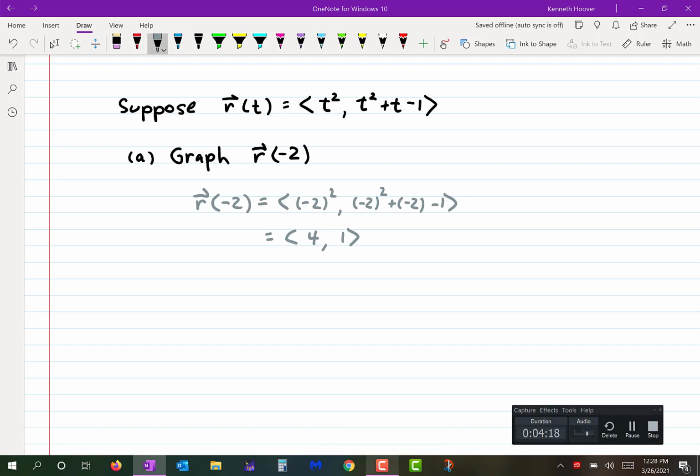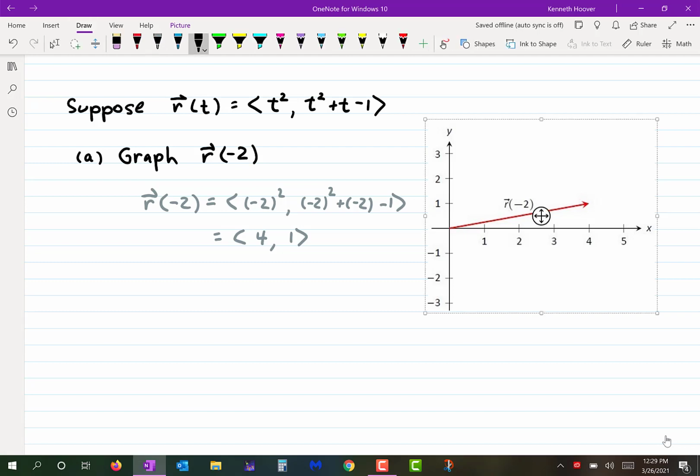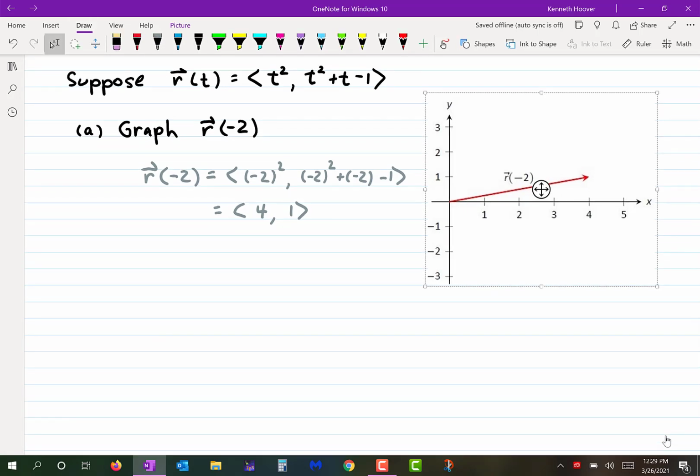So let's graph that. And there you see the picture of the vector r of negative 2. Now, suppose we have a question B that says graph the function r. Graph the whole function.